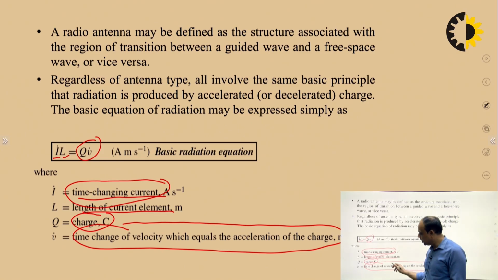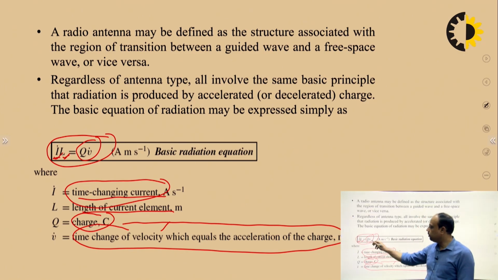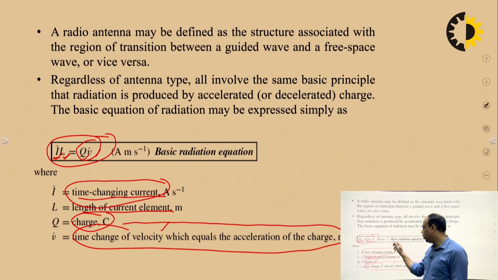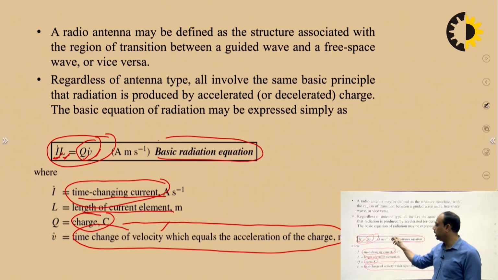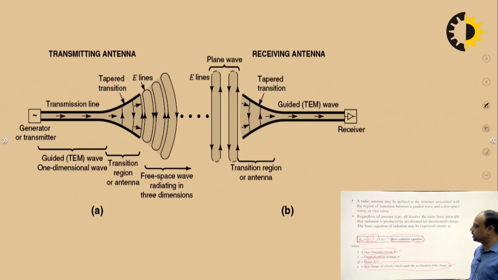Then only there is radiation. So, the basic equation is either we have time varying current and fixed antenna length, or we have a charge and that charge is accelerating or decelerating in a particular direction. Then only we have radiation in the antenna system. So, this is the basic transmission equation for the antenna system.